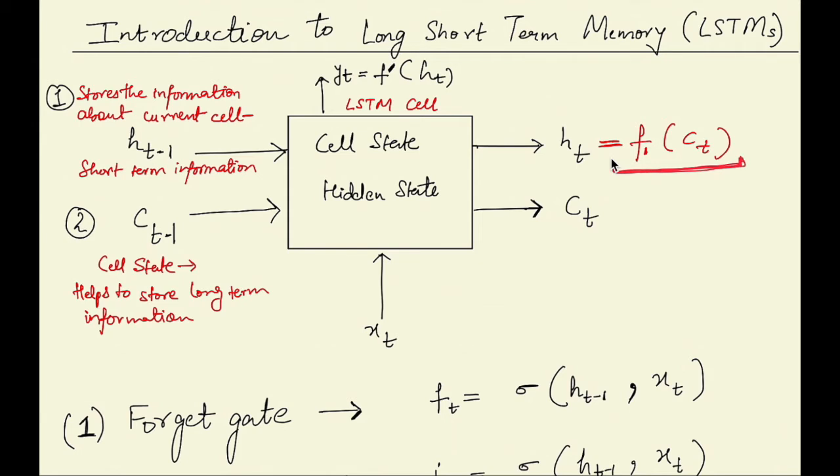And ct is updated based on what we already had stored in the long-term information, so the previous long-term information, and how much new information we have to add. And basically new information is provided by ht-1 and xt. So this generates the new information.